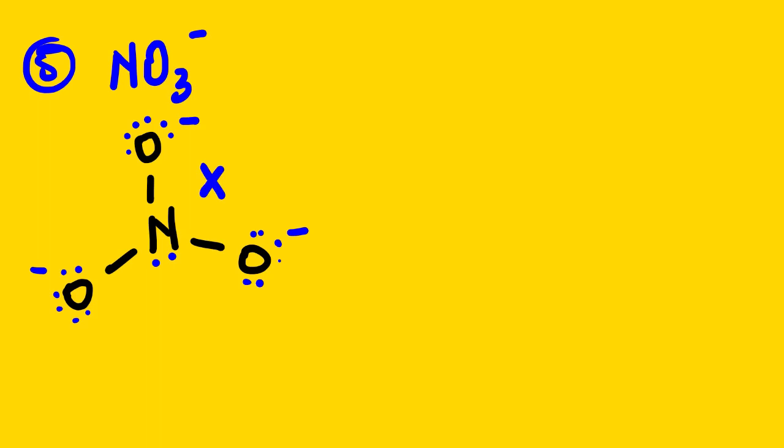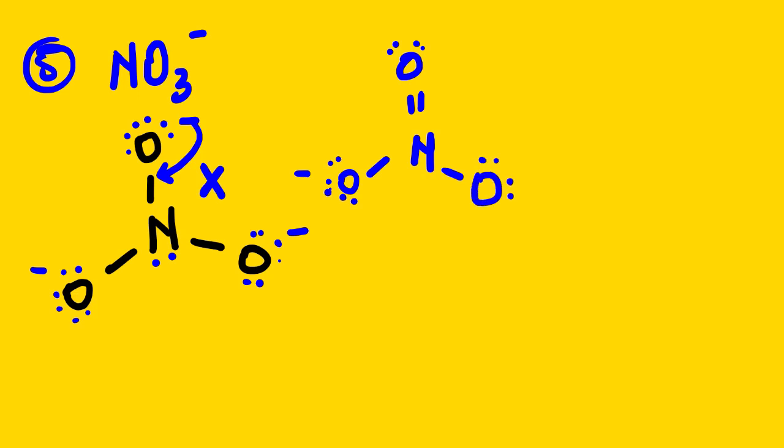So what happens if we take these electrons and bring them here, such that we have something like this. Negative. This one will also still have a negative charge.